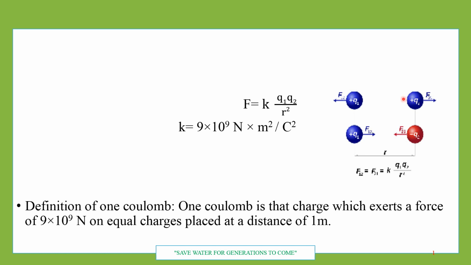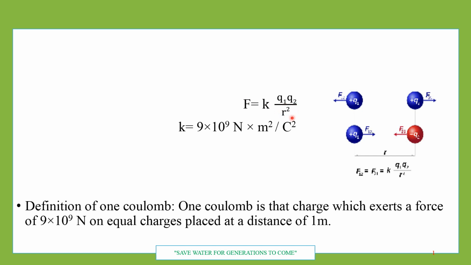From experiments it has been observed that this force of attraction depends upon two factors. Number one, the quantity of charge Q1 and the other charge Q2. It is directly proportional, meaning if the product of these two charges is higher, the force will also be higher. Greater the charge on the two, the more the force.